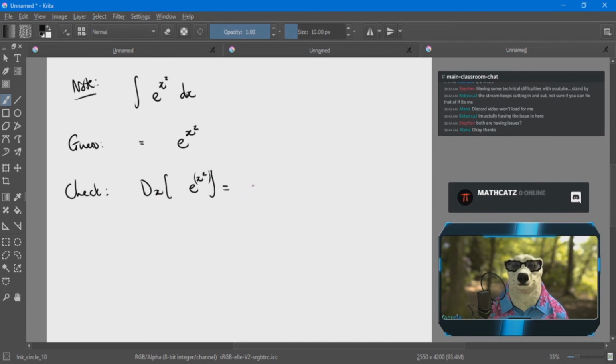So it's e to the x squared as the derivative of the outside function times the derivative of the inside function, which is 2x. And now I see, oh, but there's no 2x in my target. There's no 2x here in the integral question. So, oh, why don't I just put a 1 over 2x in front so that it then cancels.